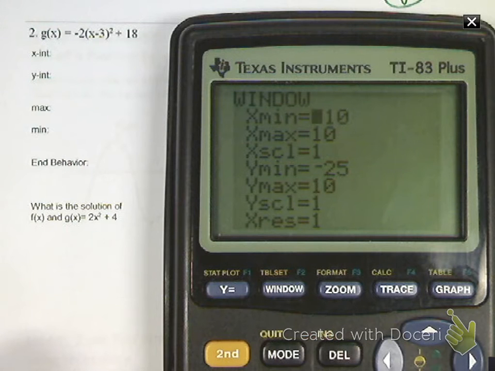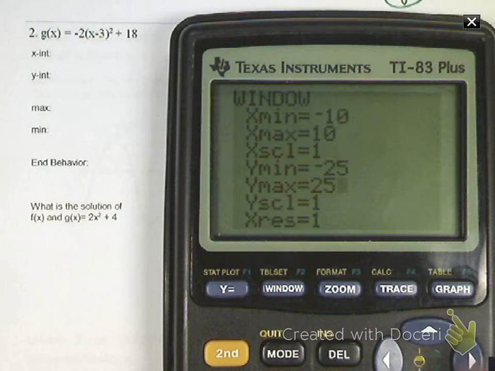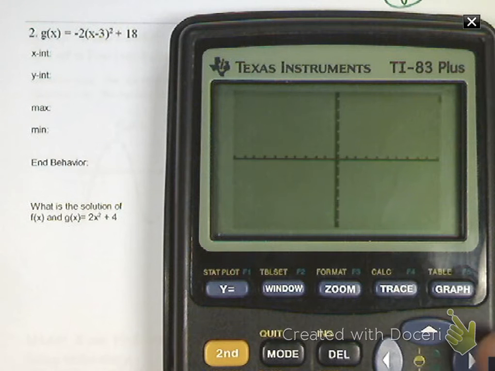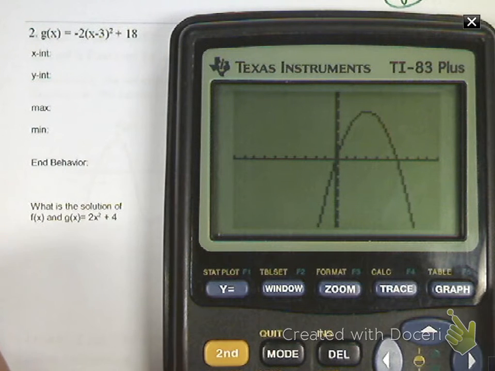I know that x goes left and right, but y goes up and down, so I'm going to change my y maximum to be, let's say 25 for now. That's good enough as long as I can see all the x-intercepts, y-intercepts, maximums, and minimums. That's all I really need for this.